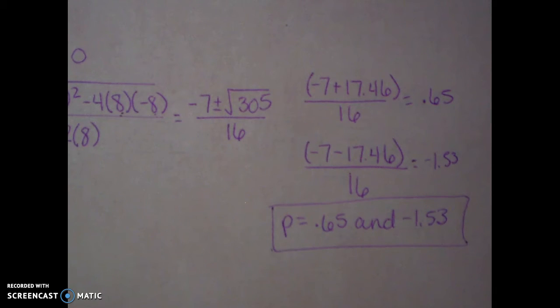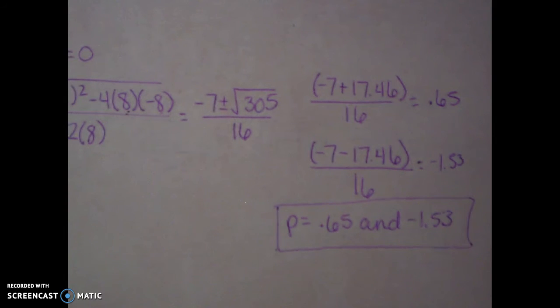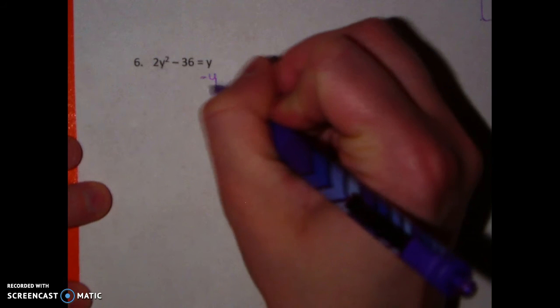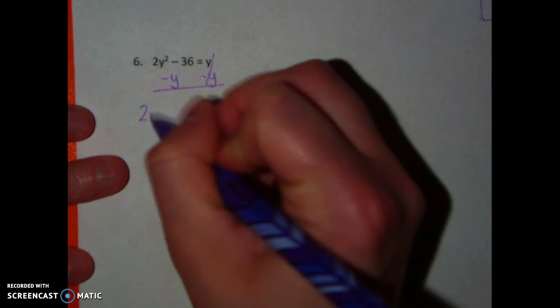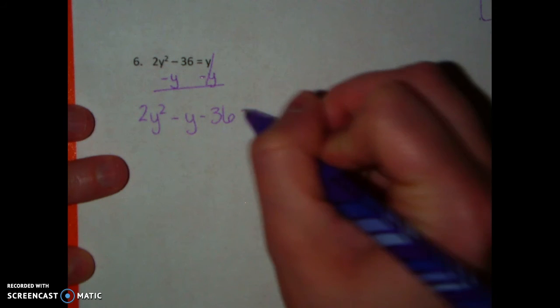Okay, I have just under 2 minutes to get this last one done, so hopefully I can do it. If not, I'm going to have to pause it and you'll have to figure it out. Okay, on this one, I need to get 0 on one side, so I'm going to subtract the y. It doesn't have any like terms to combine with, so I'm just going to rewrite it in standard form. So 2y squared minus y minus 36 equals 0.